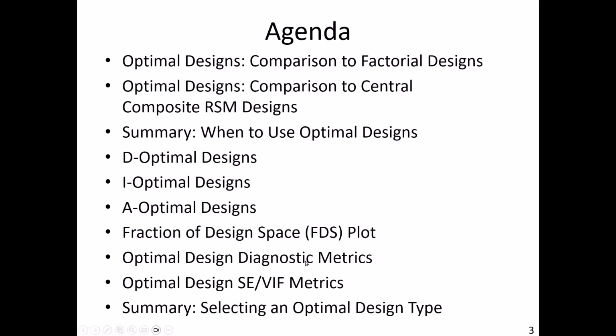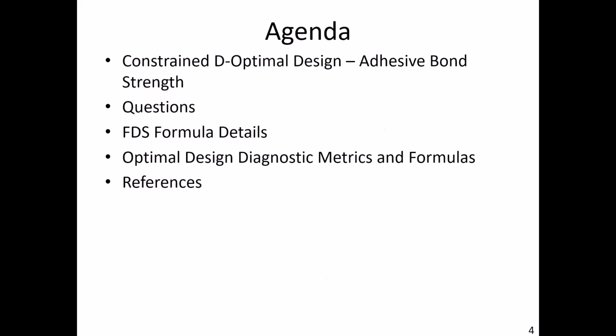We'll talk about the design diagnostic metrics and the use of the model term standard error and variance inflation metrics, and an overview of what to use when for optimal designs. And then we'll conclude with an example of a constrained D-optimal design from Montgomery adhesive bond strength. And then we'll do Q&A.